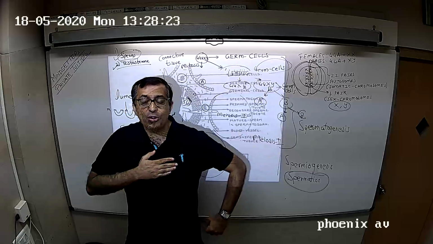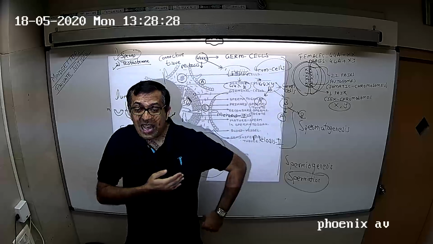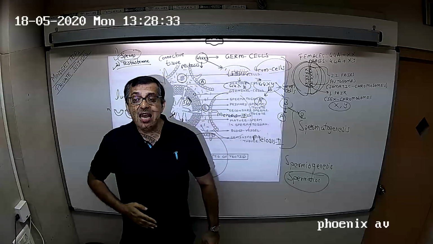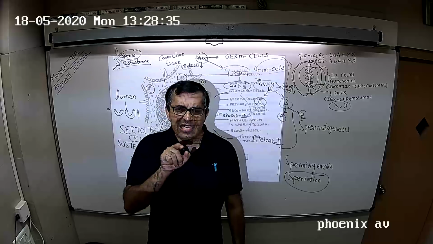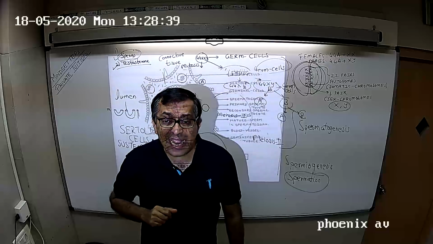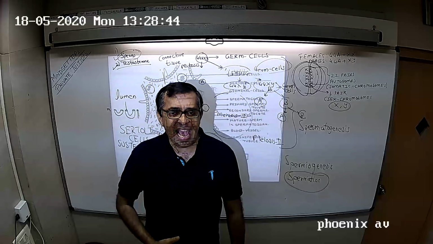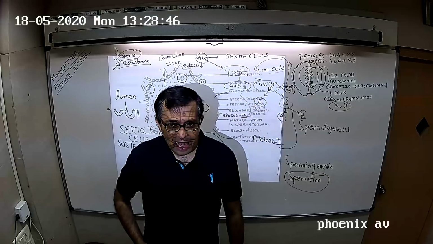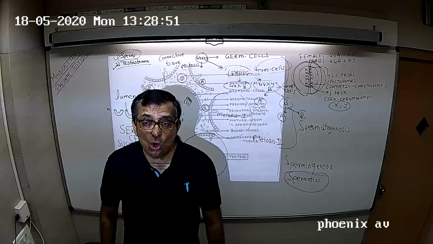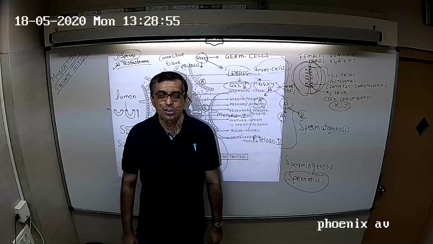Testosterone also acts on your chest and produces hair on the chest, in the armpits, in the abdominal region, and just above the penis, something called pubic hair develops. So facial hair, body hair, pubic hair and armpit hair develop all because of testosterone. Your voice changes.